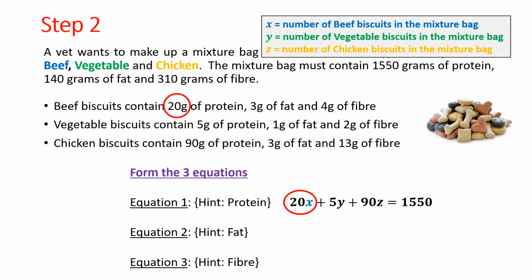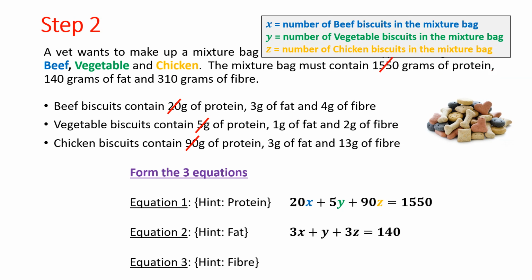There are 20 grams of protein for a beef biscuit, which is why I go 20 times X. There are 5 grams of protein for a vegetable biscuit, so I go 5 times Y. And there are 90 grams of protein in a chicken biscuit, so I go 90 times Z. And altogether, there's 1,550 grams of protein, so I put it equal to 1,550.